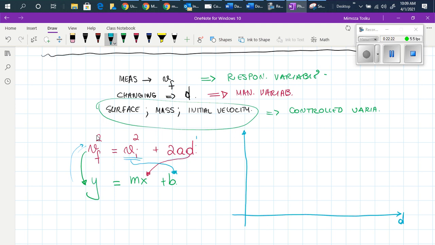And y is now not just vf, but it is vf squared. And the equation of the line will be a straight line in which whatever the manipulated variable is multiplied by will be the slope. So the slope will be 2 times a, and the y-intercept will be equal to v initial squared.